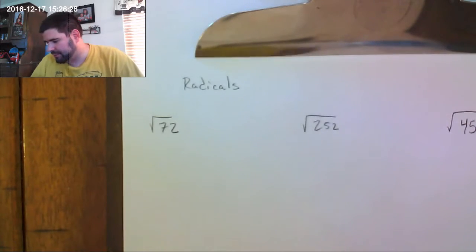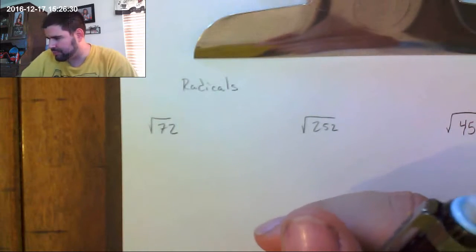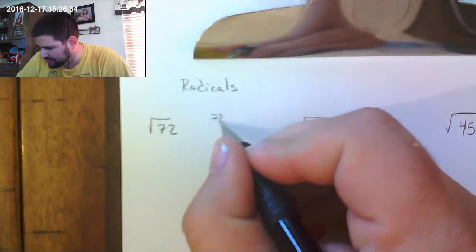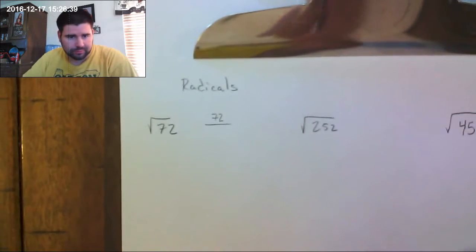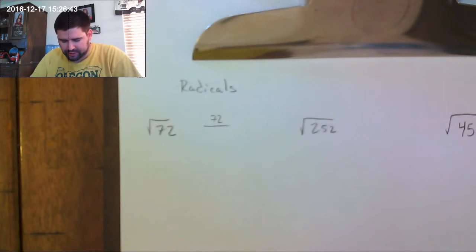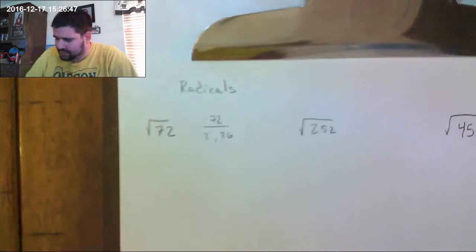So when I'm looking at 72, I know that if I just make a factor tree, often I tell my students, hey, what numbers multiply to 72? And you know, they can take out their calculators or whatever they want. But I do know a couple numbers. You got 2 and 36.